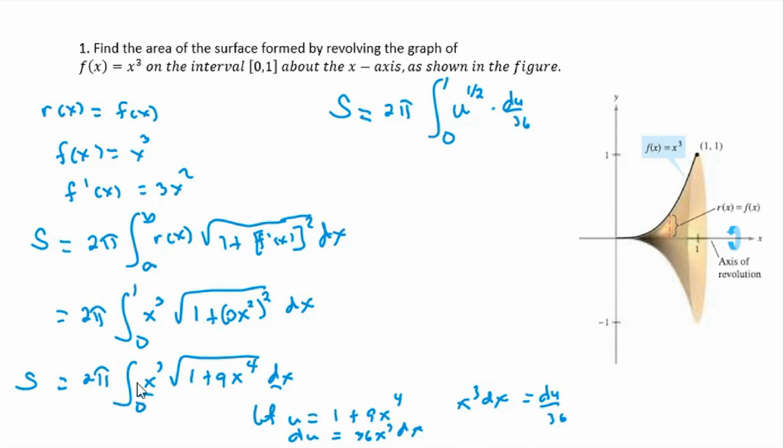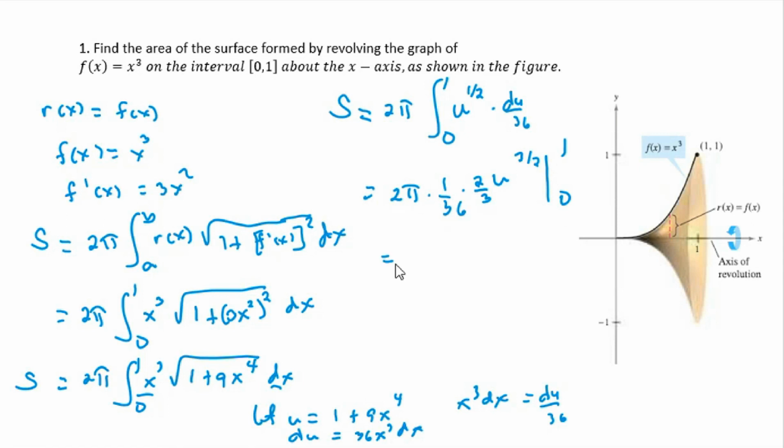Integrating this gives us 2 pi times 1 over 36 times u raised to 3 halves all over 3 halves, or 1 over 36 times 2 thirds, evaluated from 0 to 1.